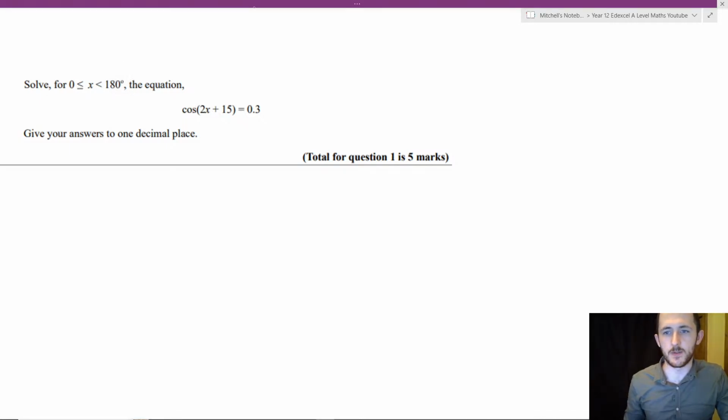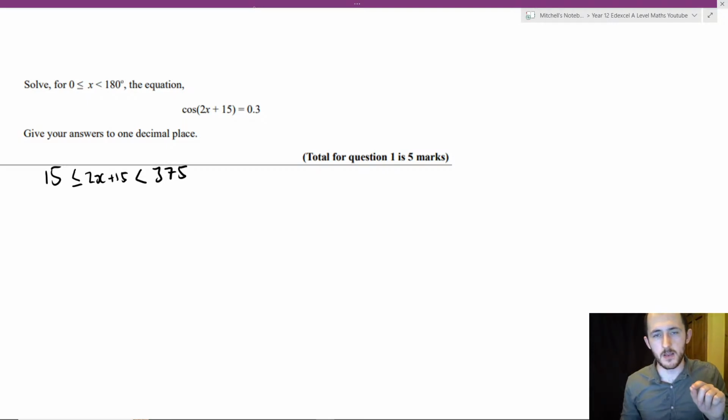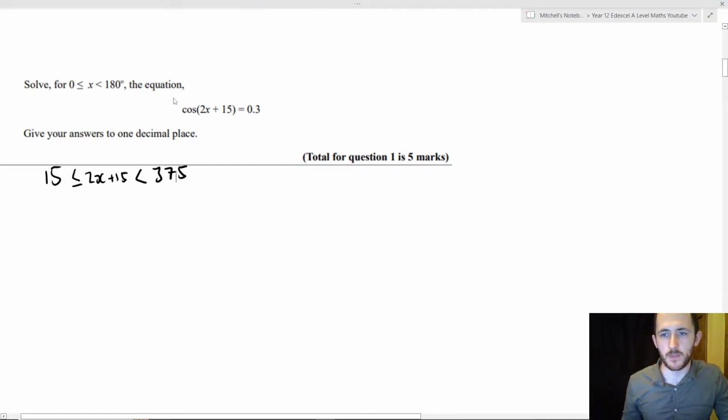So what we need to do is, to both sides of this, we multiply by 2 and add 15. So 0 times 2 is 0, plus 15 is 15, less than or equal to 2x + 15. 180 times 2 gives me 360, plus 15 gives me 375. So for the initial part, we're just going to work out what the overall values are for this whole thing.